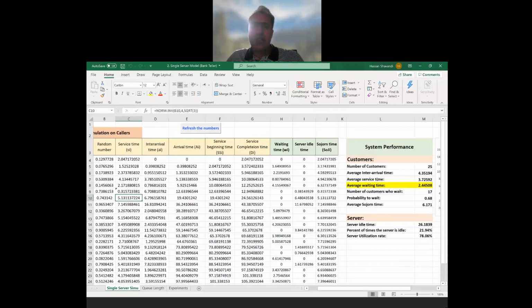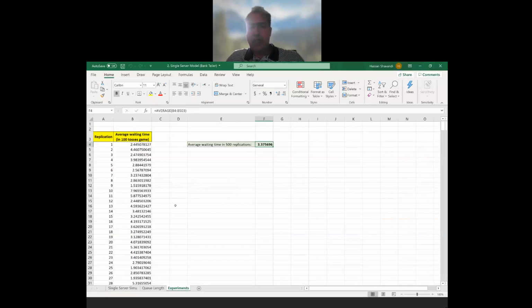Since we have just simulated 25 customers, because of the uncertainty, the results cannot be robust. In order to mitigate the impact of uncertainty, we need to have replications. Here we call these experiments. In the third sheet, we have replicated that simulation of 25 customers 500 times.